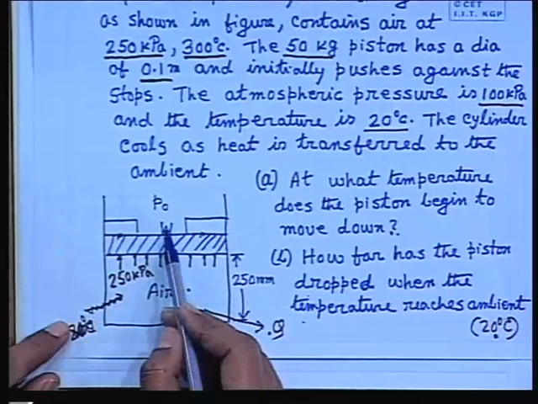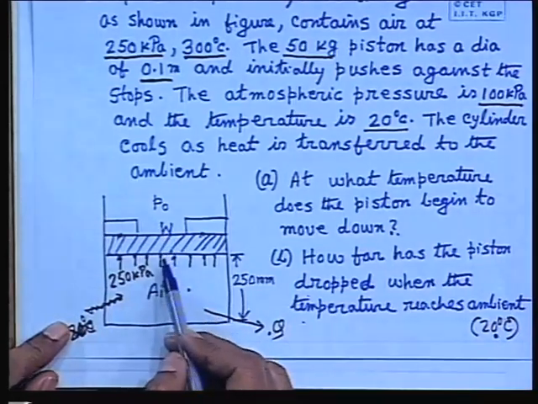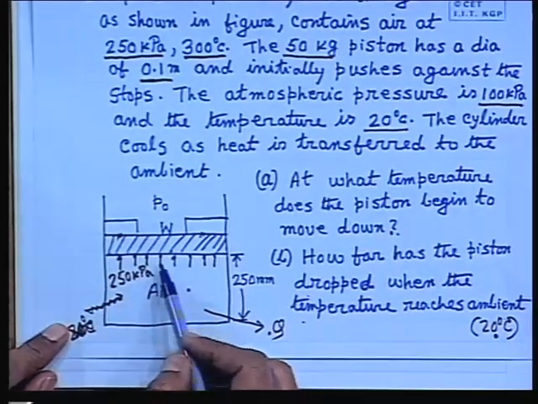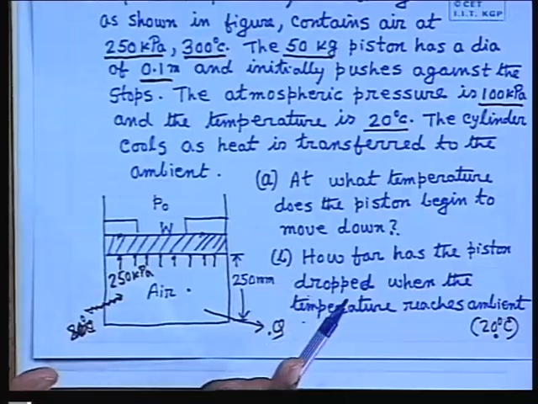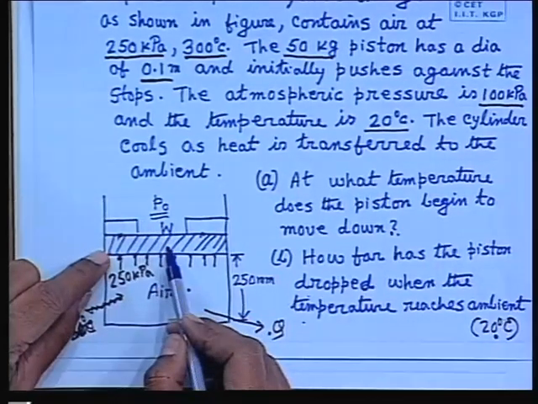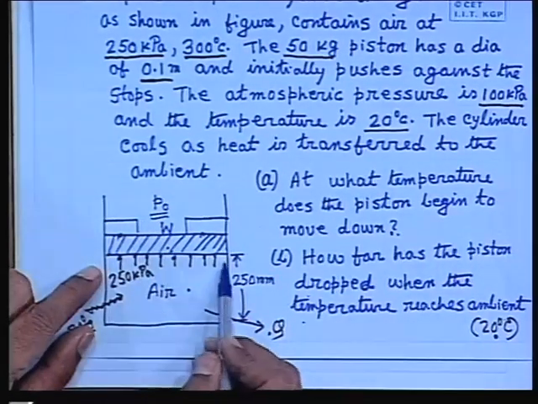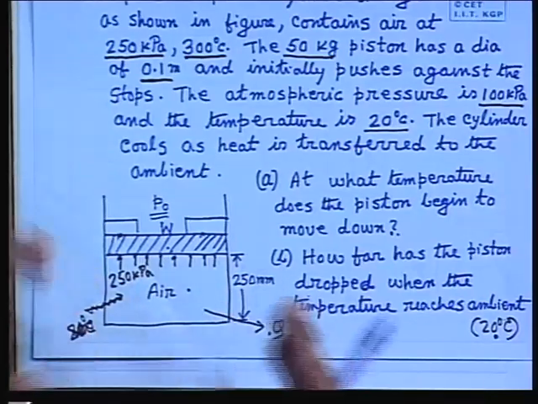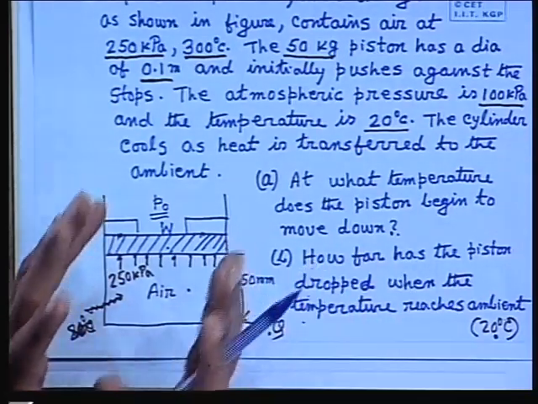That means the total force acting on both sides of the piston is equal. That means we neglect the acceleration of the piston. So if we make so, then atmospheric pressure is constant, the weight of the piston is constant, that means gas pressure has to be same. That means it is a displacement work at constant pressure.